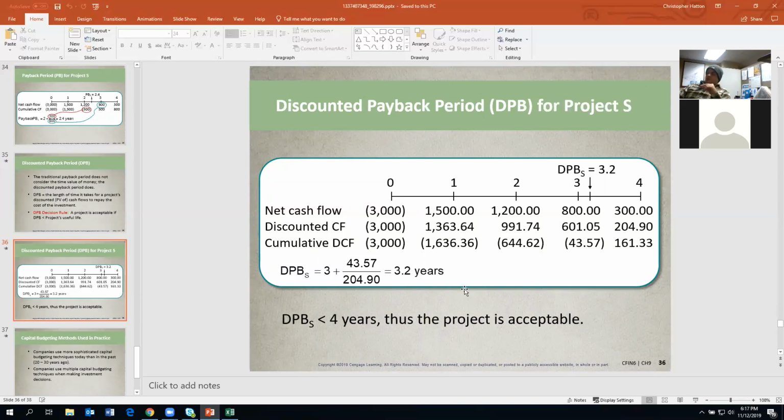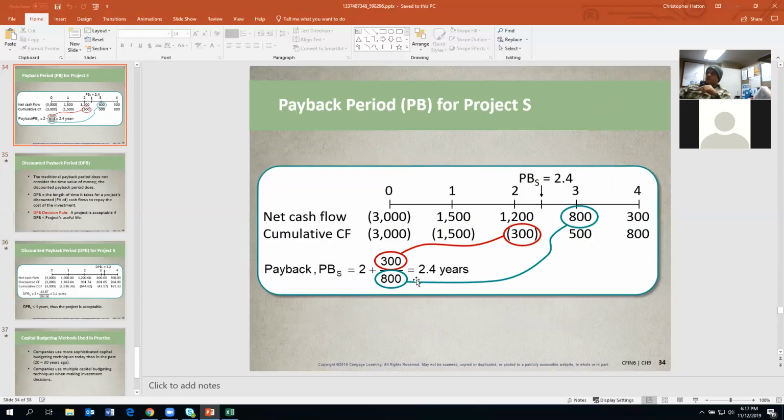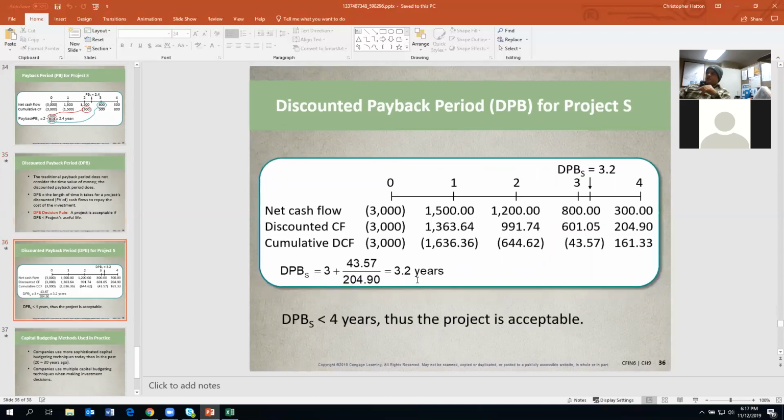So it switches the payback from 2.4 years to 3.2 years because we now have discounted payback value and cumulative discounted payback value that we're using. So these numbers are different, and it goes from negative to positive between year 3 and year 4.